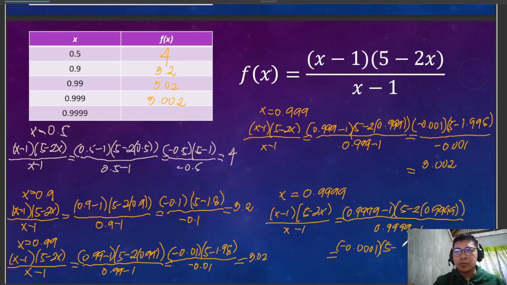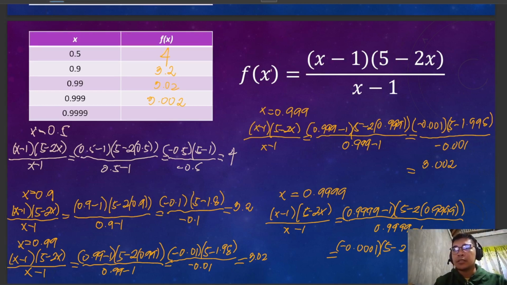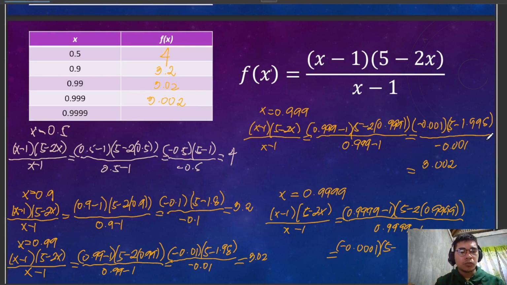So here, 5 minus 2 times 0.9999, that is 1.9998, all over negative 0.0001. What is the final answer now? That is 3.0002, approximately 3.